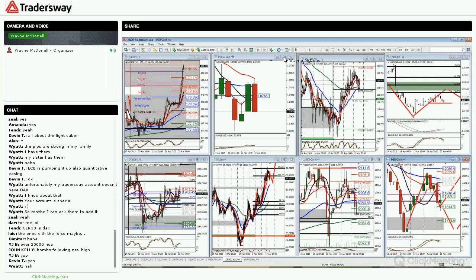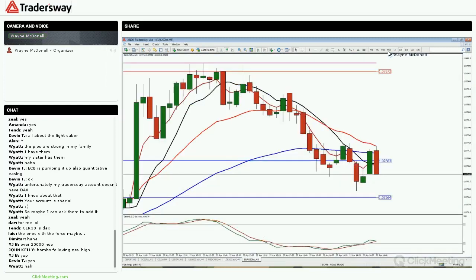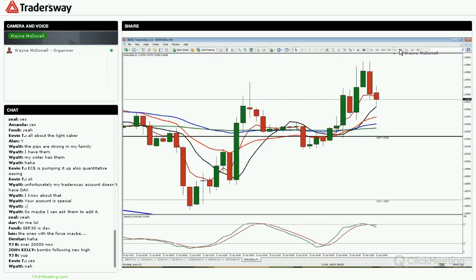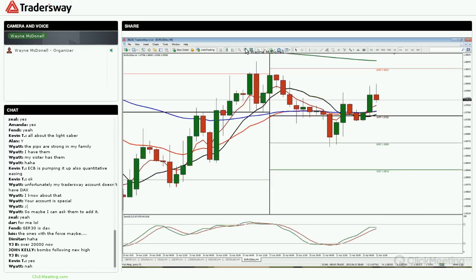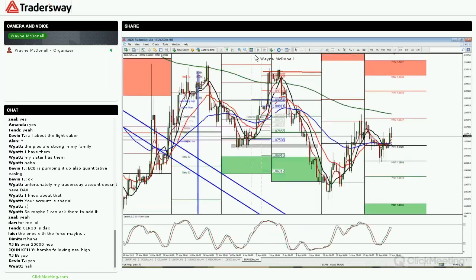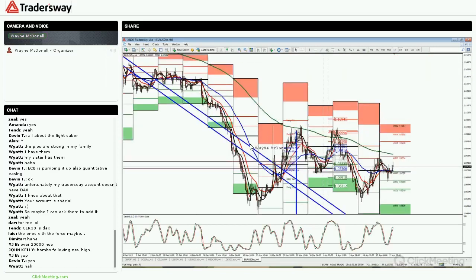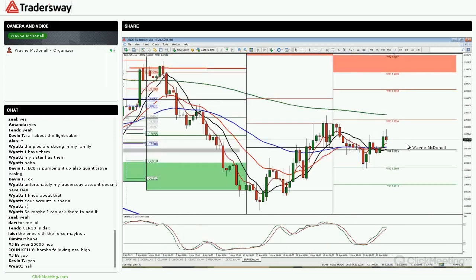Let's take a look at our euro. Not sure where we left this one yesterday. We might have been on a different version of the chart. Oh yeah, I could see this.